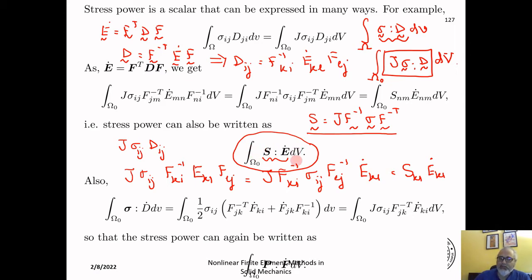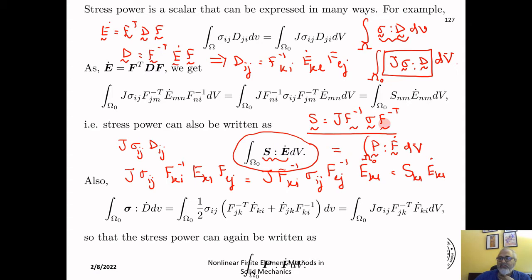It is also easy to show, and I leave it to you to show, that this can be expressed as P dotted with F dot, which also gives you the stress power expended per unit reference configuration.